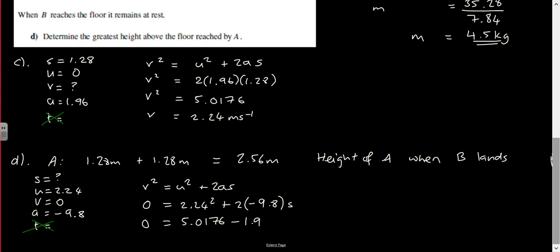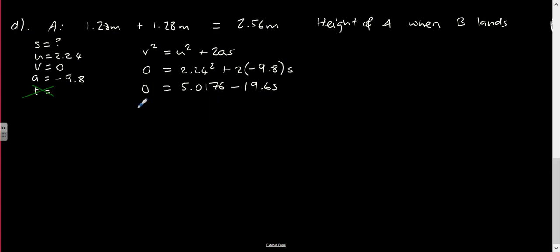Oops, not 1.96. And then we rearrange our equation and solve for S. So 19.6S equals 5.0176. So S equals, back to the calculator, 0.256 meters.